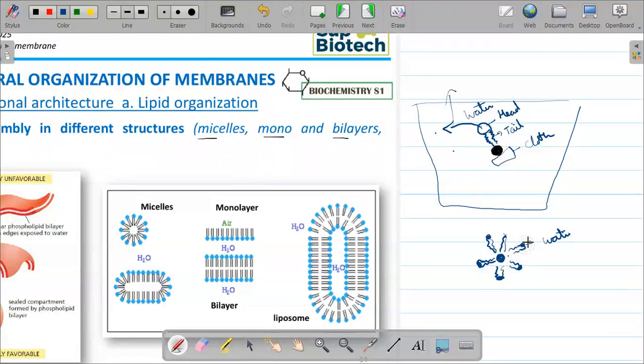So this will get attracted towards the water. So they will form one tiny structure like this. This is called micelles. Got it? Okay, sir. This micelle formation occurs between the dust particles, or you can see that fat molecules with other fat molecules, they'll form micelles. Bile will emulsify the fat and they form micelles.